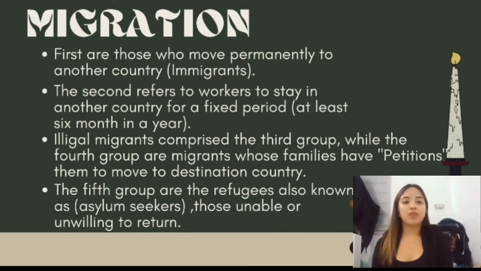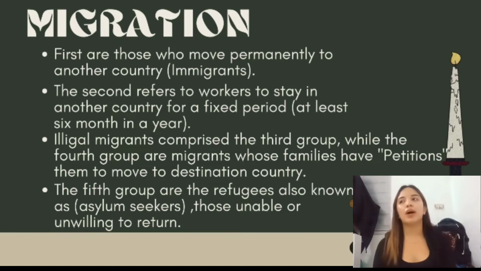And then, the fifth group are the refugees, also known as asylum seekers. They are unable or unwilling to return because of a well-founded fear of persecution on account of race, religion, nationality, membership in a particular social group, or political opinion.